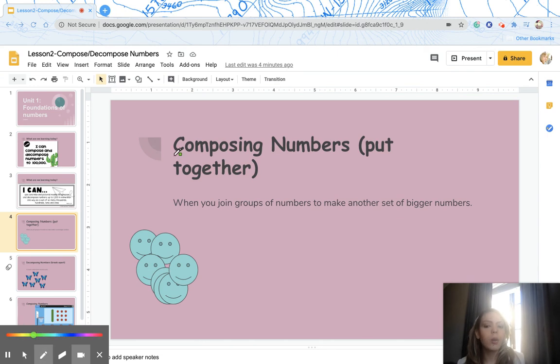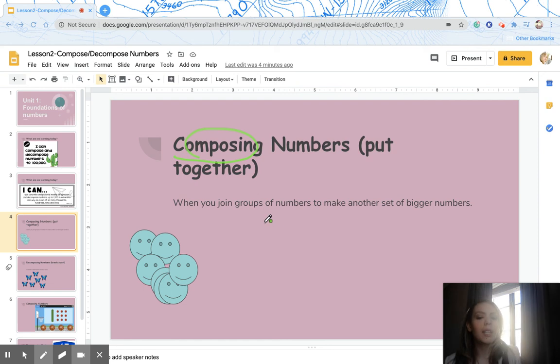To compose a number means that you're putting together some items or joining groups of numbers to make another set of bigger numbers. An example of that is, let's look at our smiley faces right here.